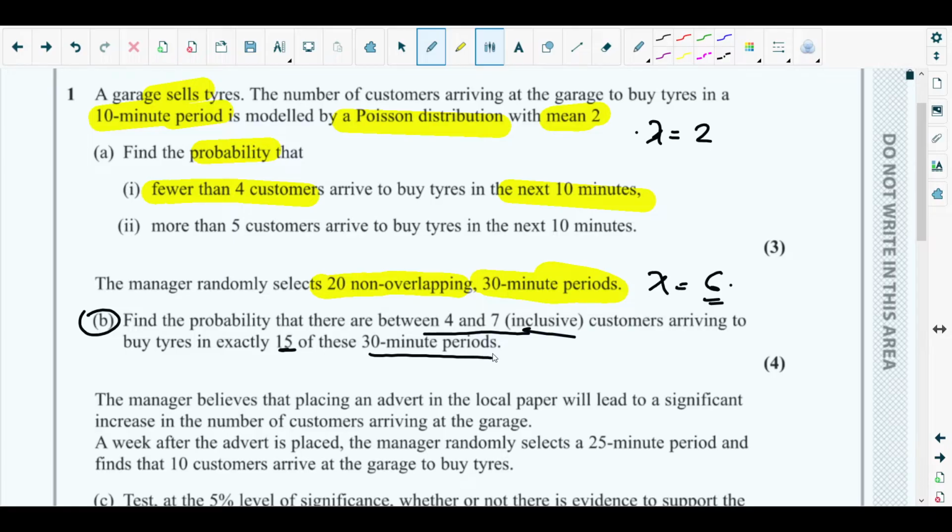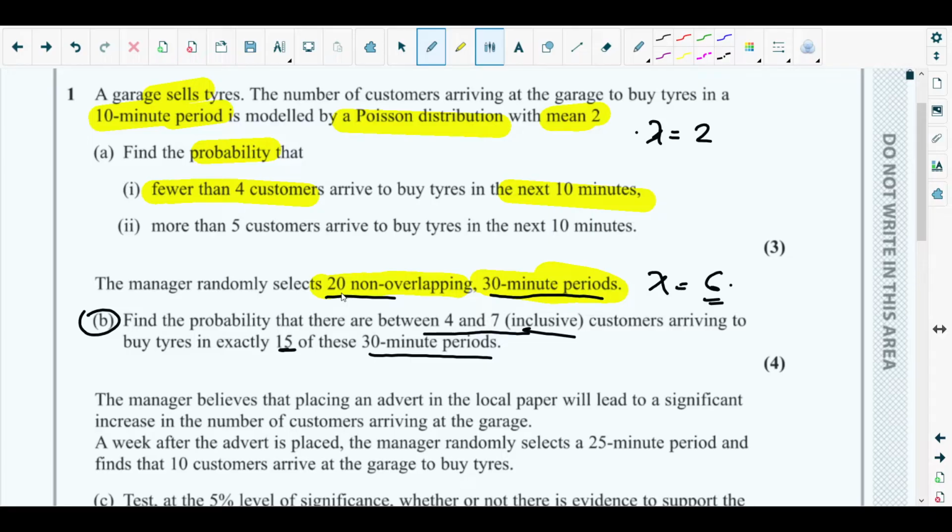We need to consider, look, the number of customers arriving is distributed Poisson, but the number of samples is binomially distributed. How do I understand this? We already know the customers arrive at a mean rate, and the manager took 20 non-overlapping samples, so the number of samples is fixed.